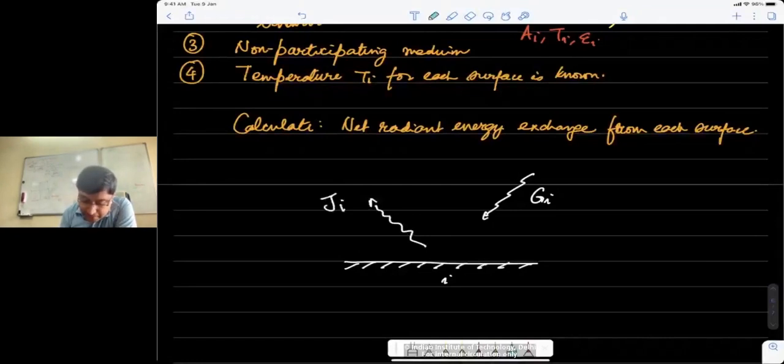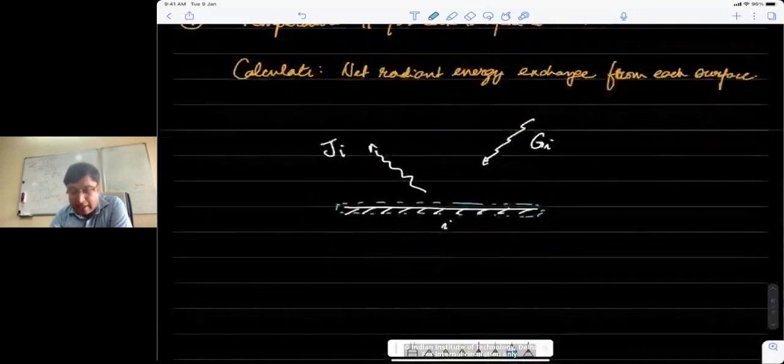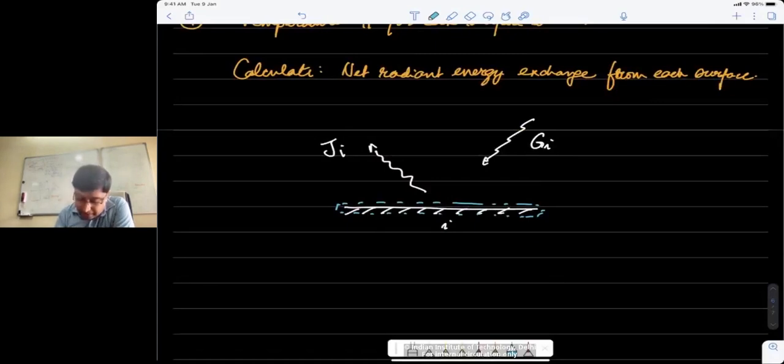So if I draw a control volume around this surface i, to maintain its temperature, unless Gi and Ji are equal, I would have to either supply some energy or maybe remove some energy from this surface to maintain its temperature at Ti. So let me say I'm going to add Qi as the energy to maintain its temperature.